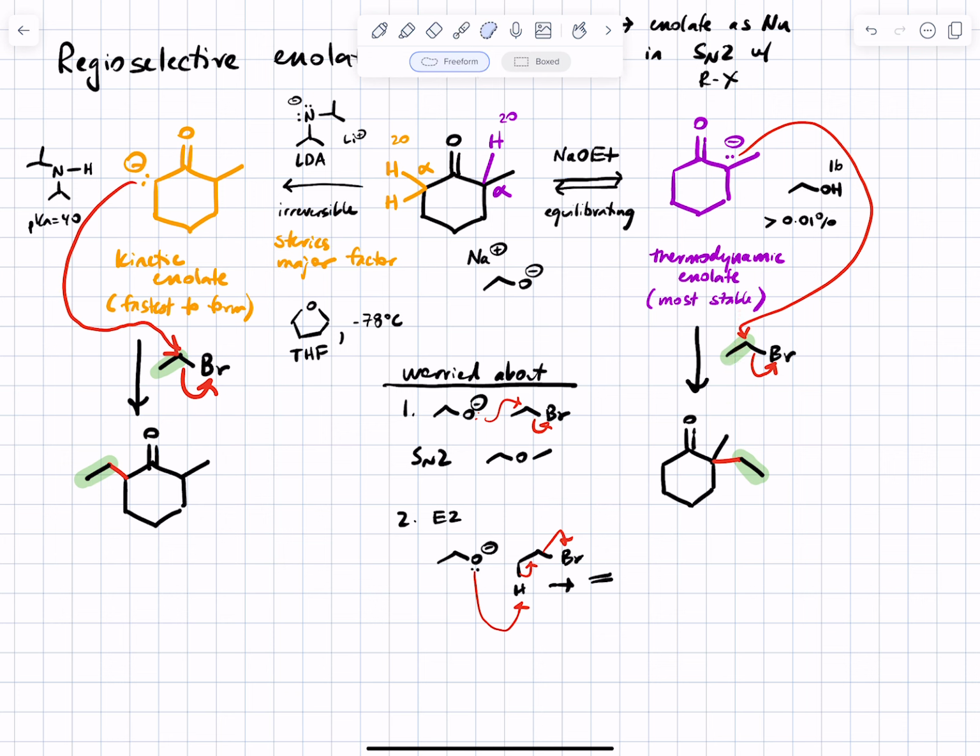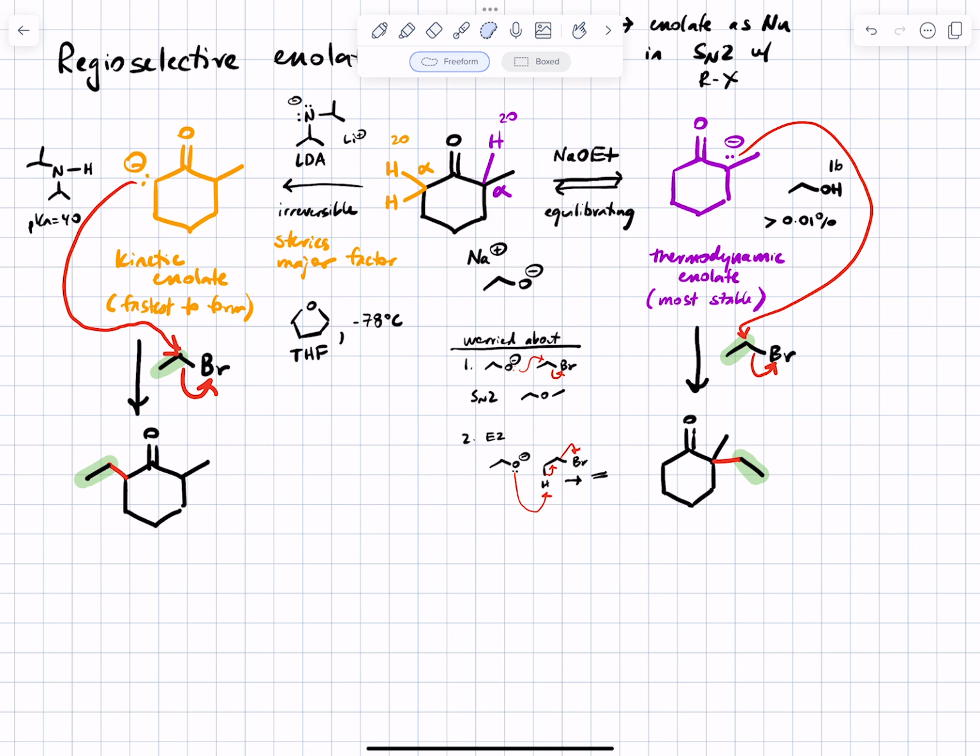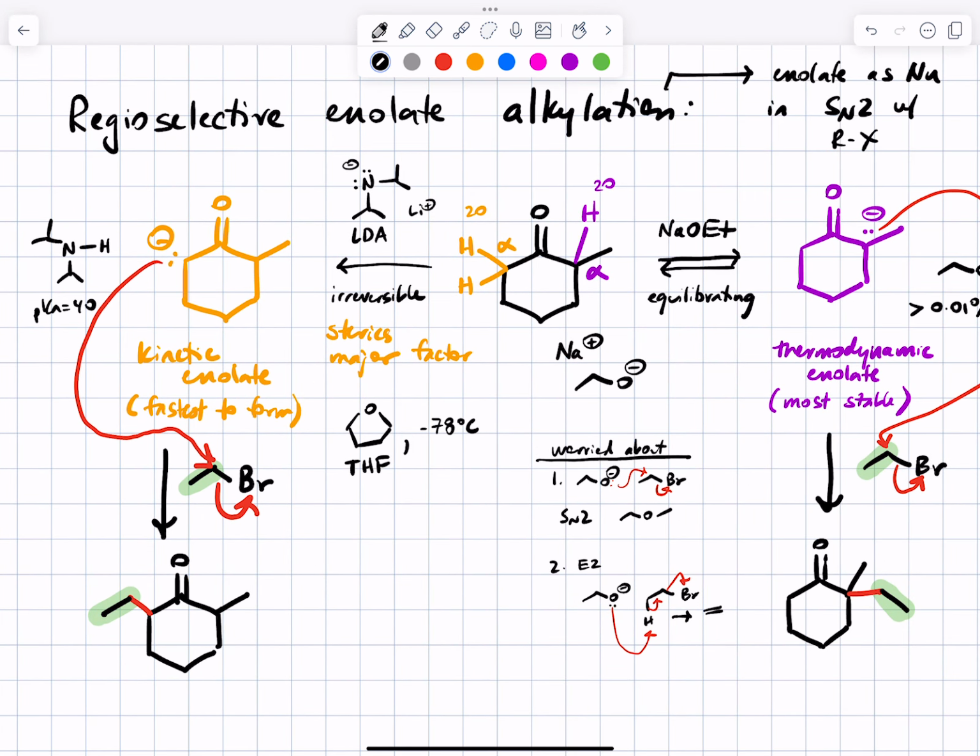These are not concerns for irreversible enolate formation, because notice how this reaction goes. LDA makes 100% yield of the enolate. By the time you get here, there is no LDA left, and so you're not worried about LDA reacting with your alkyl halide. Okay? Go ahead.